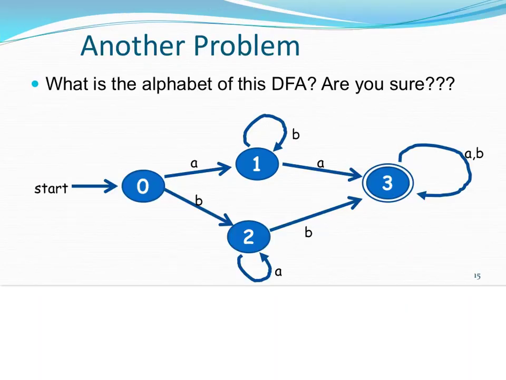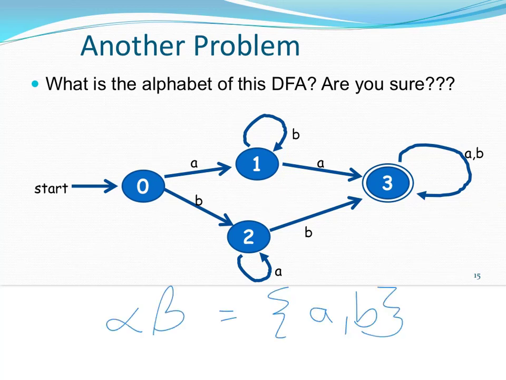So, question. What is the alphabet of this DFA? Are you sure? Pause the video. Think about it. So the answer is the alphabet for this DFA is going to be the set containing just two symbols, A, B. I can't tell you by looking at a regular expression what the alphabet is, because there's no guarantee.